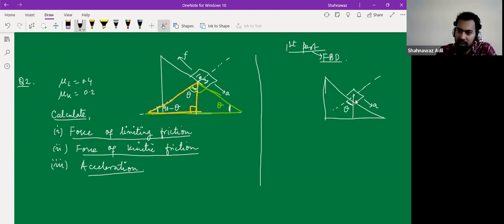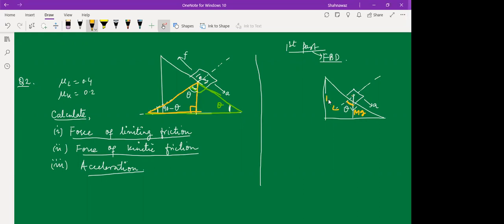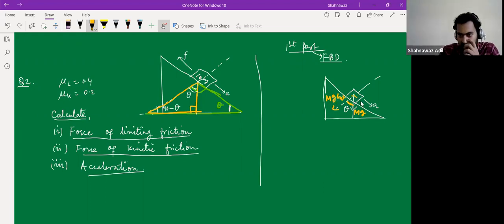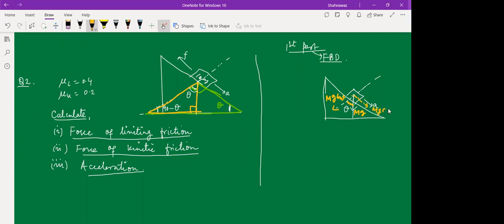This is the weight, mg, and the angle is theta. So recall the vector part: the two components will be there. This part is mg cos theta, and this part is mg sin theta.